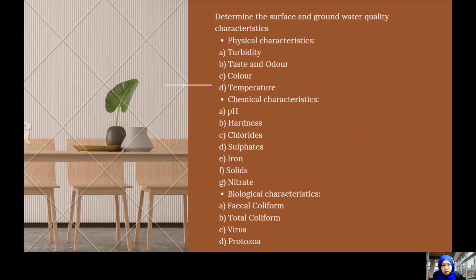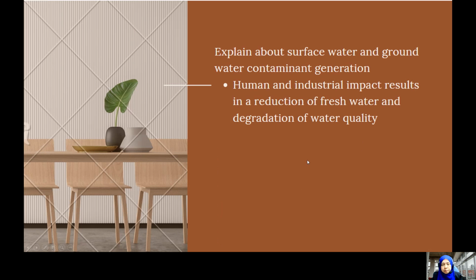Students are also able to determine the surface and groundwater quality characteristics. We have three characteristics of water quality. First is physical characteristic, second is chemical characteristic, and third is biological characteristic.